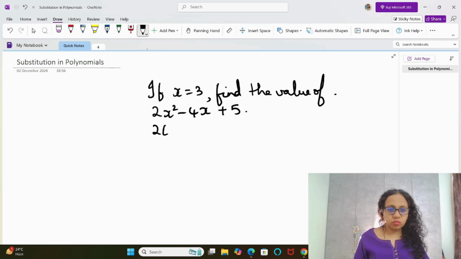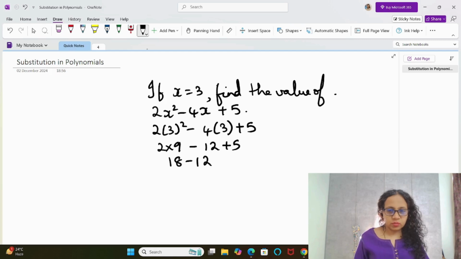So 2 into 3 square minus 4 into 3 plus 5. 3 square is 9. 2 into 9 minus 12 plus 5. So this gives you 18 minus 12 plus 5. 6 plus 5 is 11.